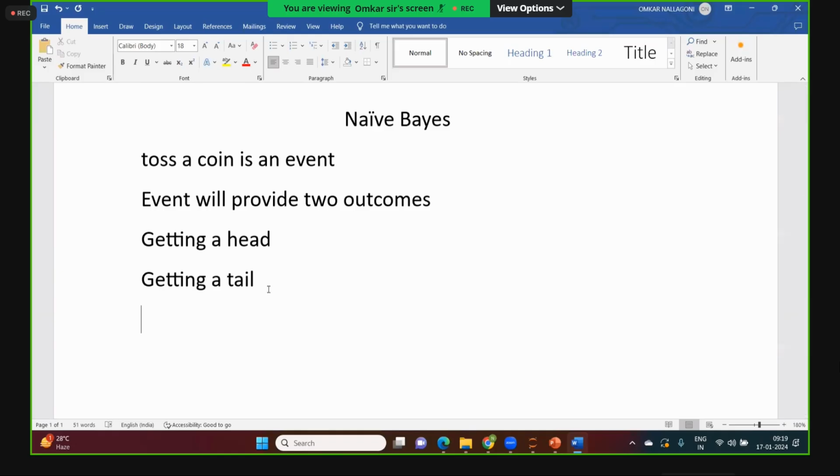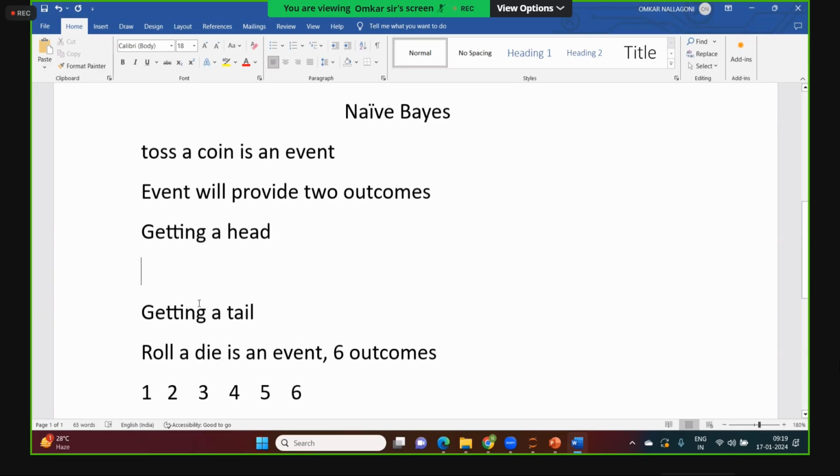Similarly, roll a die is an event, and it will provide 6 outcomes: getting 1, getting 2, getting 3, getting 4, getting 5, getting 6. These are all the outcomes, and this is the event.